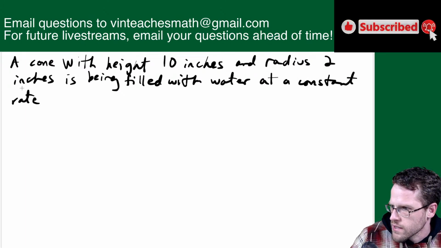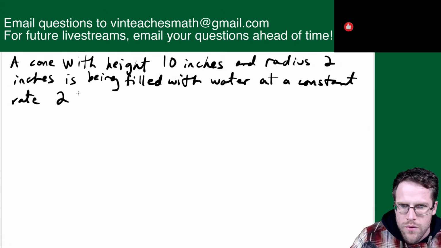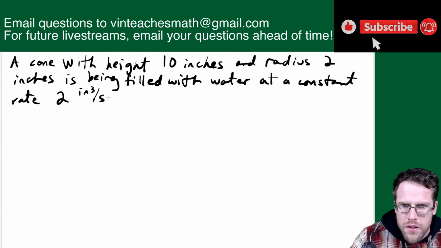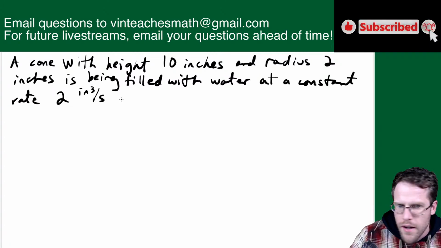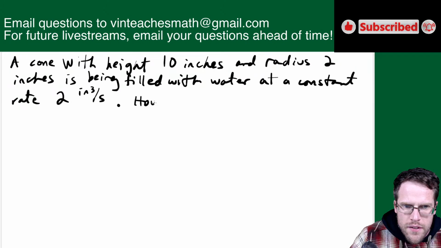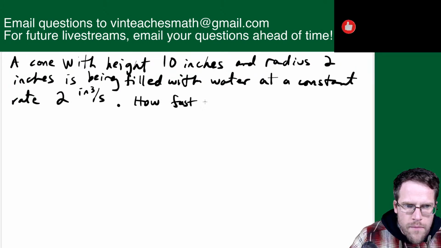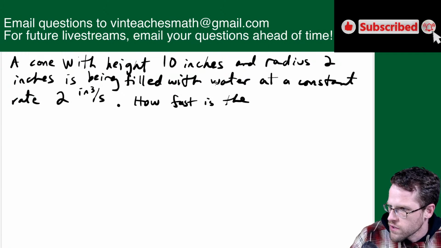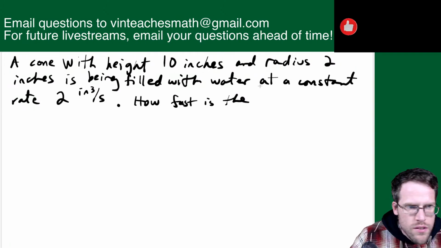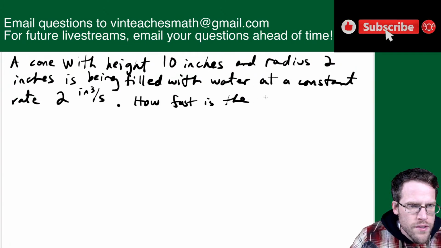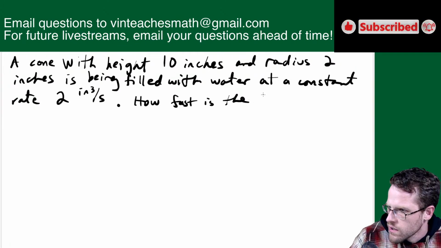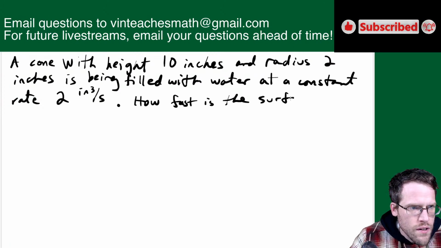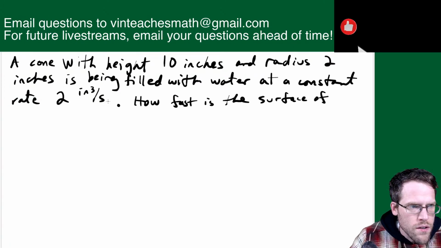Yes, I will add that to the queue. At a constant rate of 2 cubic inches per second. All right, so now how fast is the surface of the water rising when the depth is 6 inches?